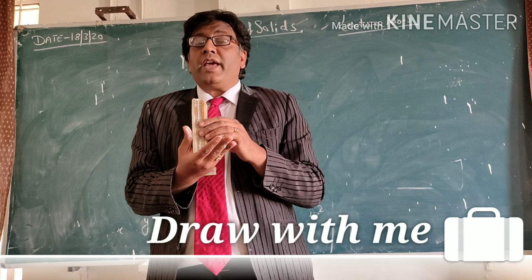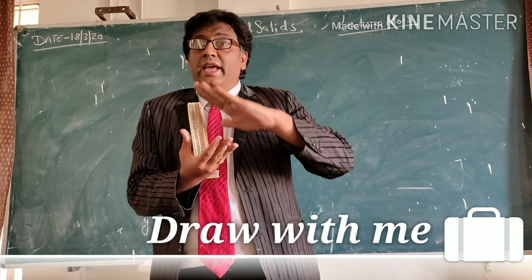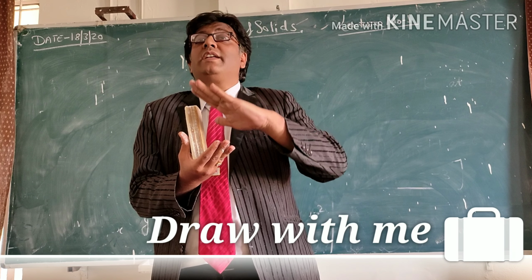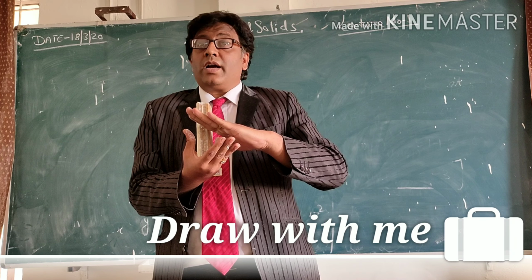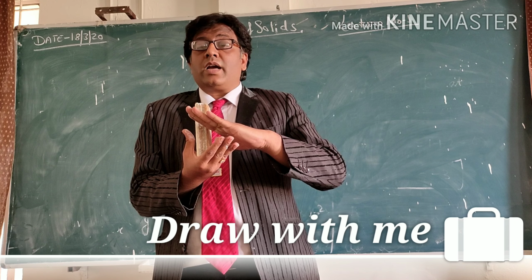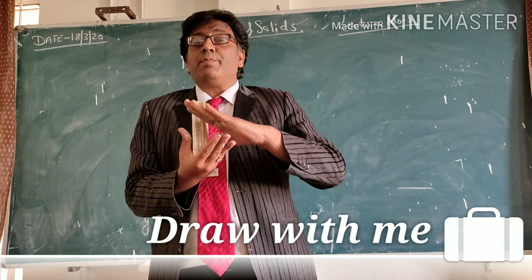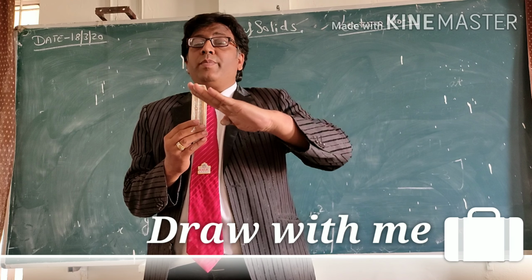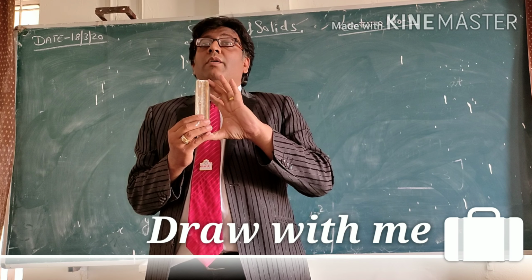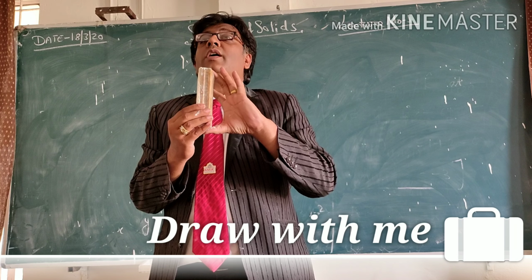Now a cutting plane which is inclined 45 degrees to HP cuts this square prism and bisects its axis. Bisecting its axis means the cutting plane cuts from the middle of this square prism.